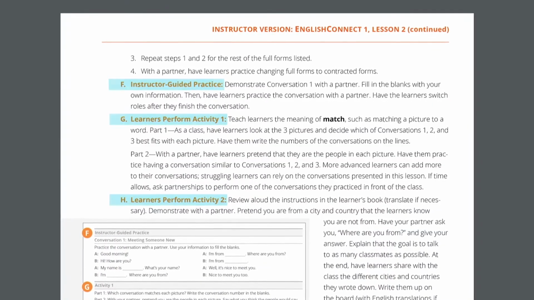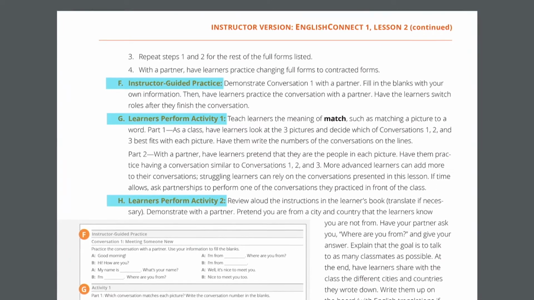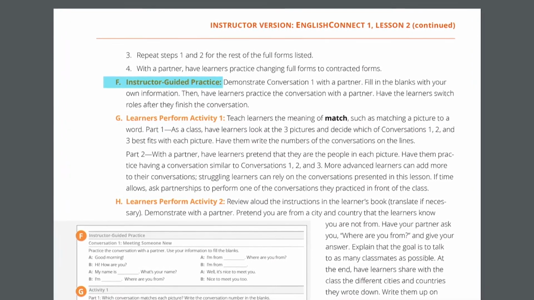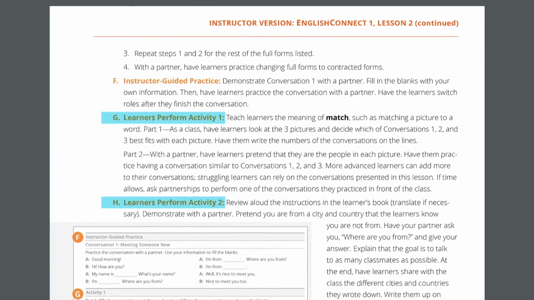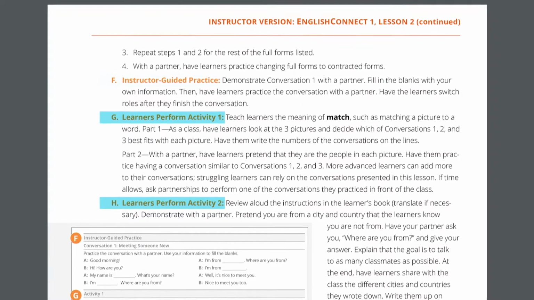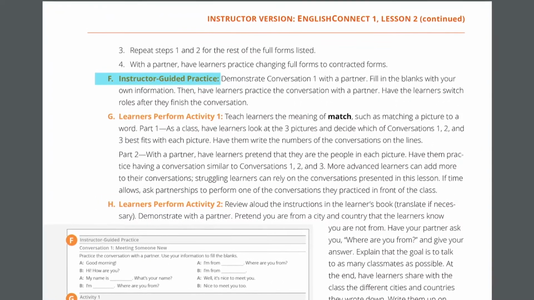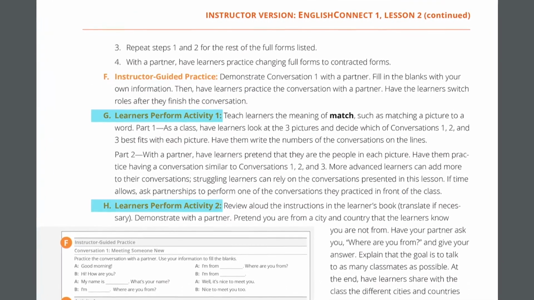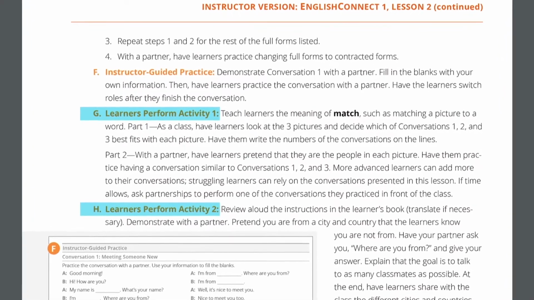Activities F, G, and H are activities that build on one another. Part F is the instructor-guided practice, and parts G and H are learner-perform activities. Learners start by practicing with the instructor as outlined in Part F. Then move on to the more independent learner activities described in G and H. When doing these last 2 activities, pay attention to time.